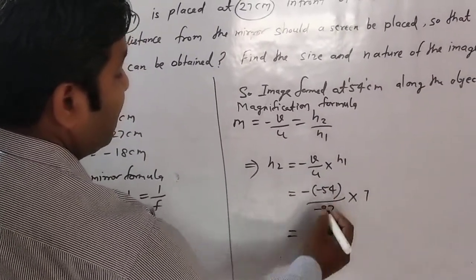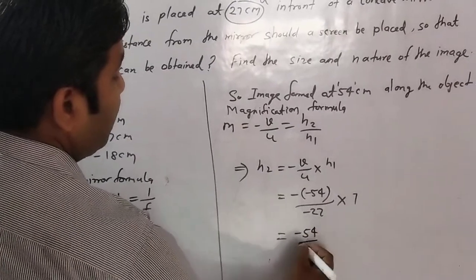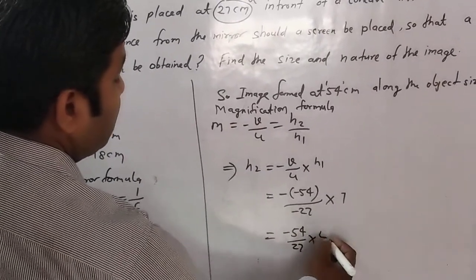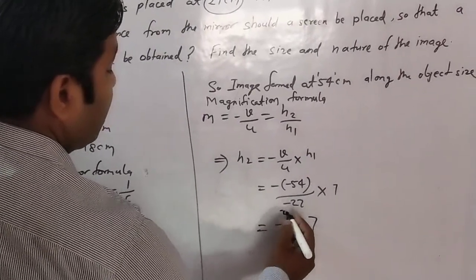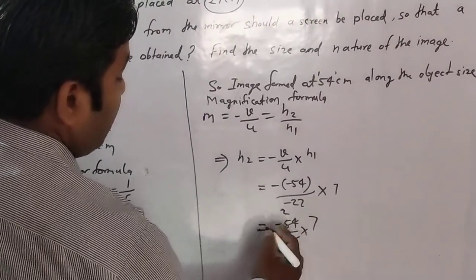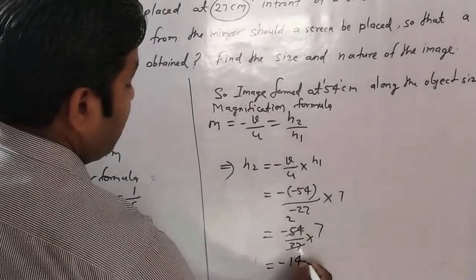Minus minus cancel, so remaining minus 54 upon 27 into 7. 27 twos are 54, so minus 2 into 7, minus 14.